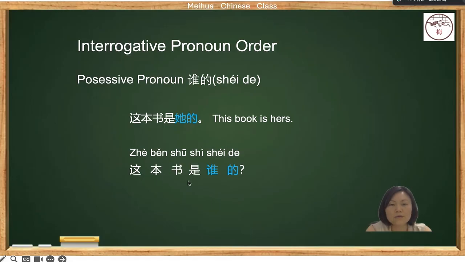So whatever is there, we just keep it here. 这本书是他的, we just change 他的 to the corresponding pronoun. 谁的, 谁的. See, even if it's an interrogative sentence, the sentence order doesn't change, right?